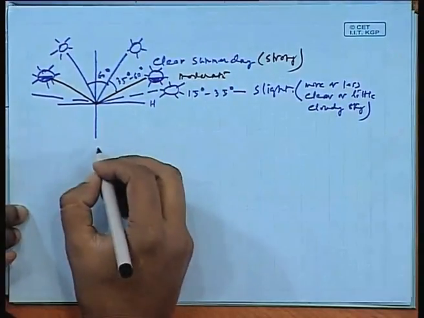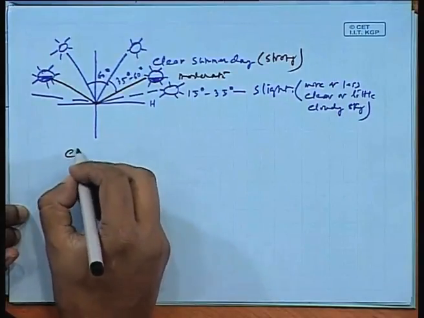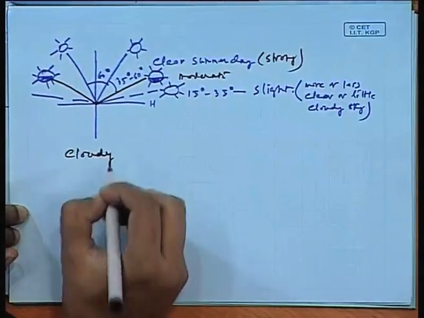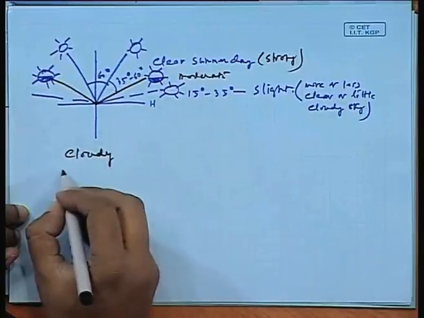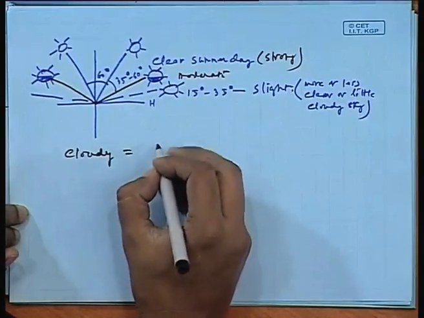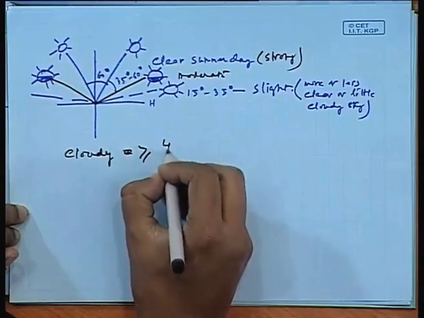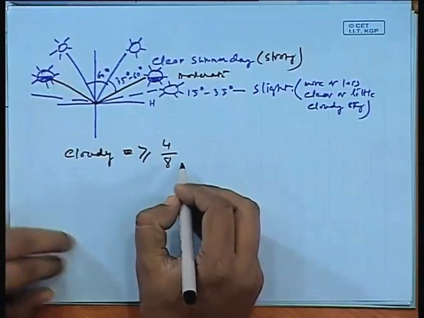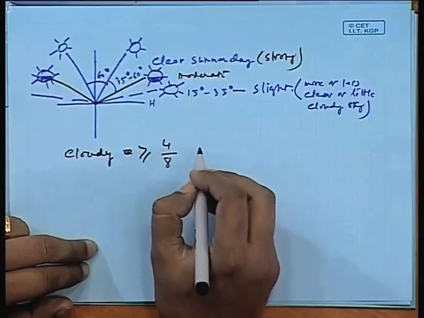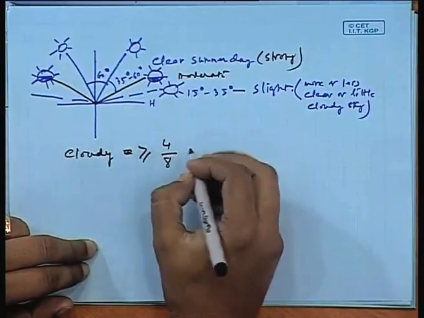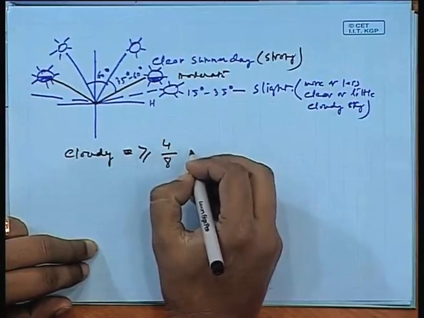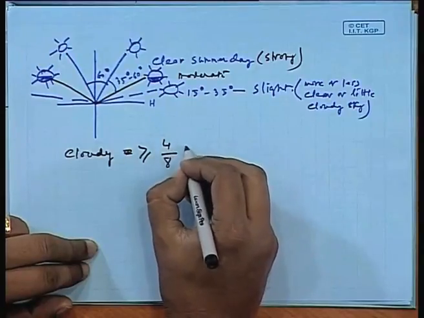and this is cloudiness, night cloudiness, cloudy and clear. Cloudy means that this is between 4 to 8, of the total 8, 4 out of 8, that is about 50%.